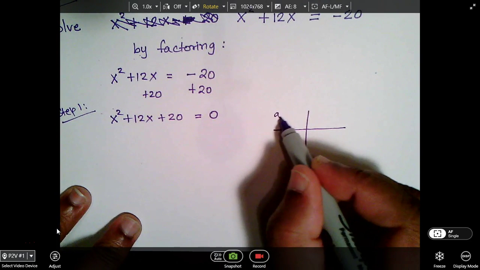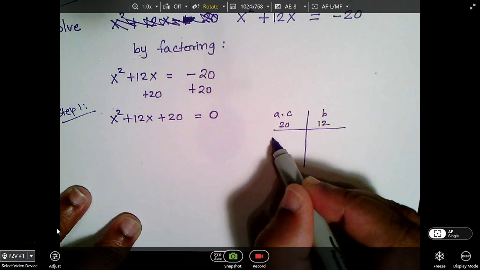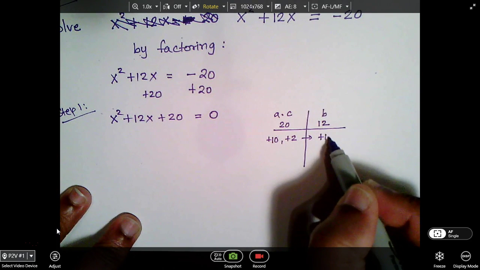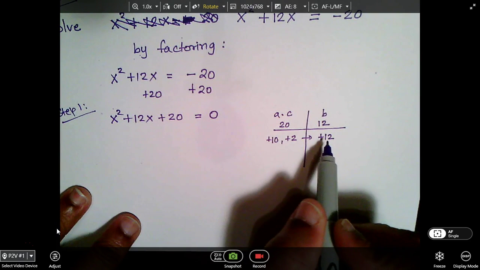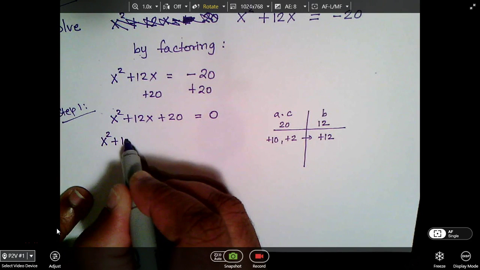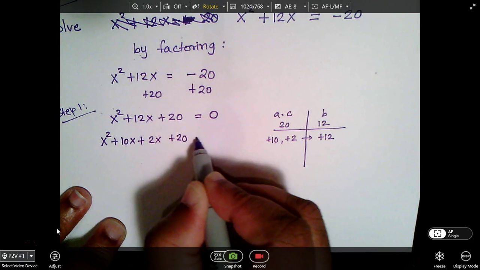My A times C is 20 and B is 12. So positive 10 and positive 2 is going to give me the 20 and also the positive 12 as my sum. So I'm going to split it up as x squared plus 10x plus 2x plus 20 equal to 0.